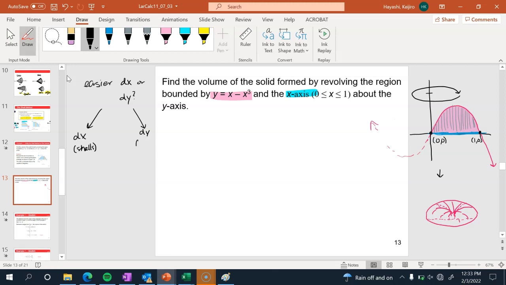And if it was dy, that would be disks. And it turns out the answer is, it's easier to do a dx, so as a consequence we use shells. Not because shells are easier or not easier or anything like that, but because to integrate a dx is easier.